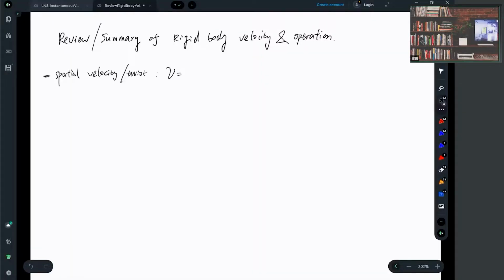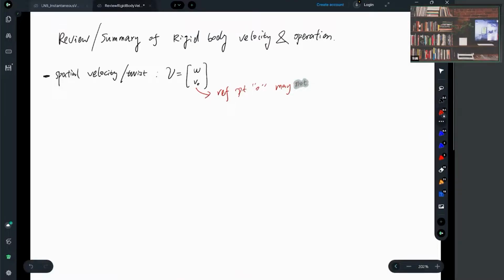Twist by definition is omega and V of O. This O is the reference point. It may or may not move with the body.